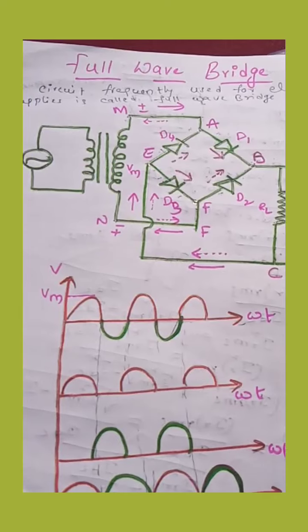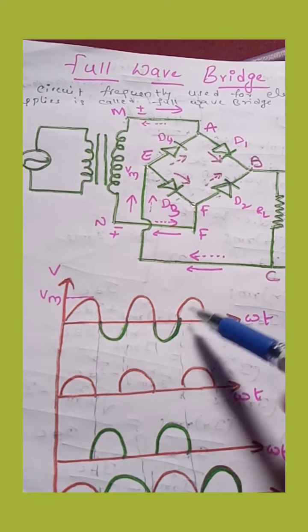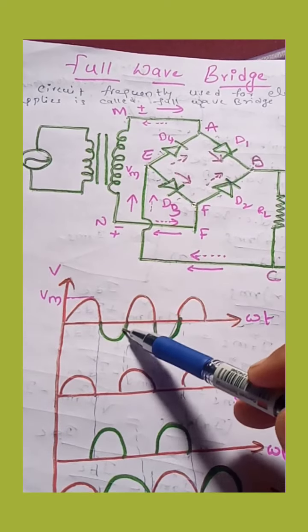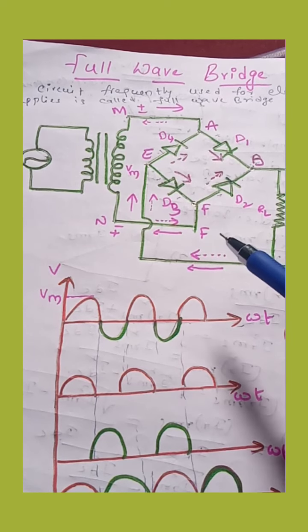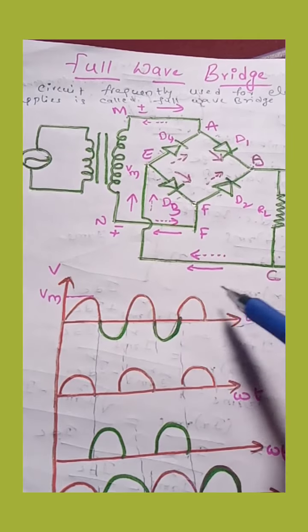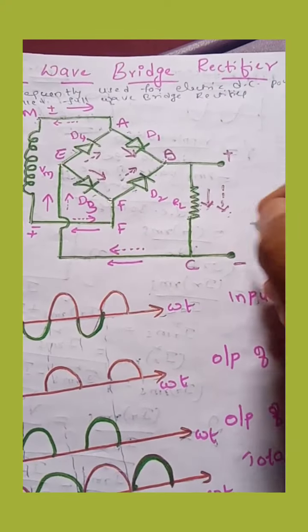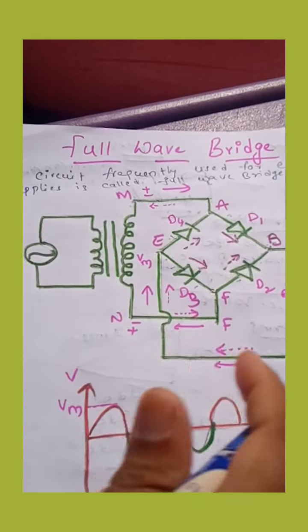Here as input we are giving AC, which is nothing but having positive cycles and negative cycles alternately. In a positive cycle of AC, M becomes positive.